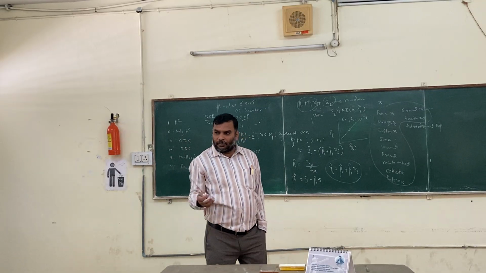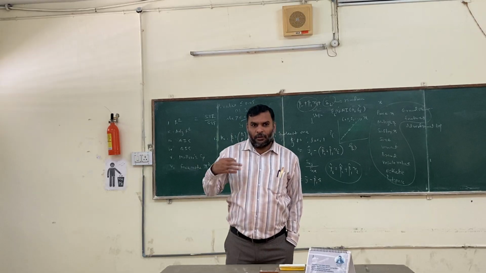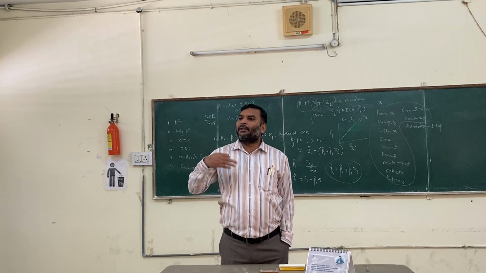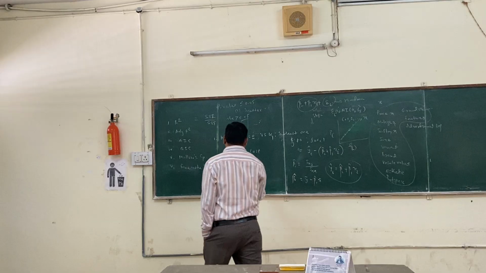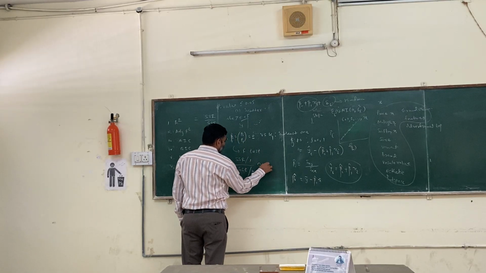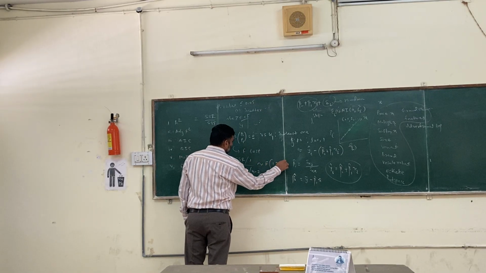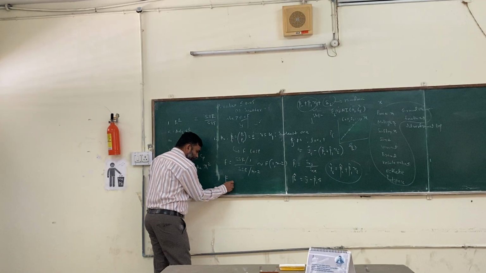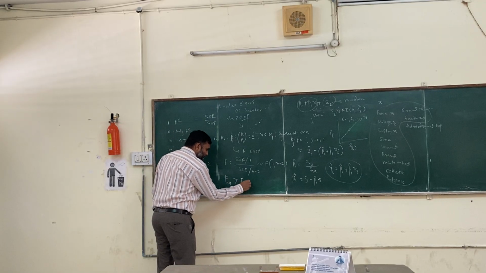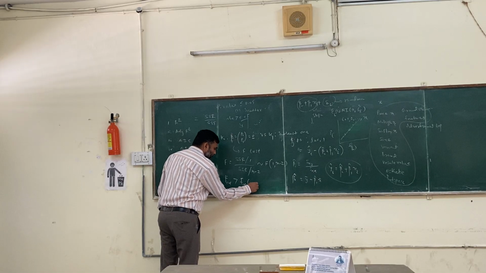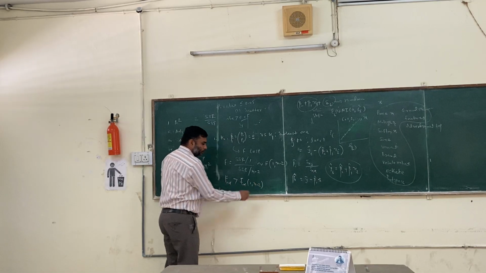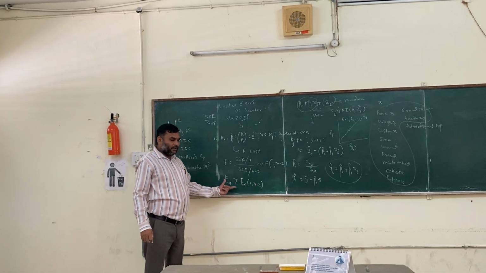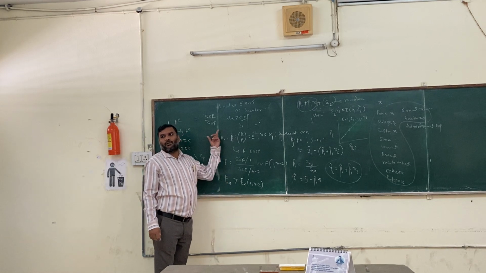So the degrees of freedom: total parameters are 2, observations are n, so n minus 2 is the degree of freedom. And this has an F with 1 and n minus 2. Compare the calculated value of F with the tabulated value of F with 1 and n minus 2 degrees of freedom. If calculated is greater, reject it.